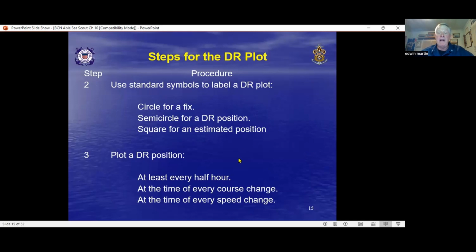Every time you have a course change or a speed change, you also want to update your DR plot, because all the course changes and the speed changes will change the outcome of where you're going to be or where you want to go.